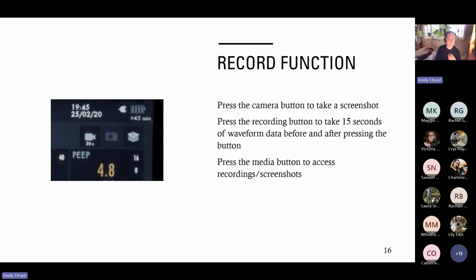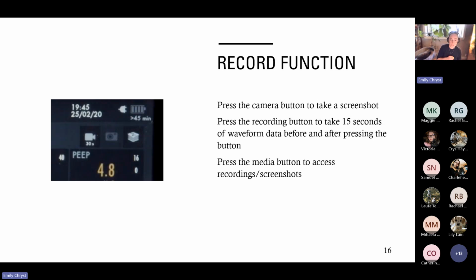Another very important function on this Servo U, which is amazing, is the record function. So we can press the camera button, which is this button here in the middle, and we can take a screenshot of the entire screen of the ventilator. We can also press the little recording button here, this thing that says 30 seconds and has that little video recorder, to take 15 seconds of waveform data both before and after pressing the button.